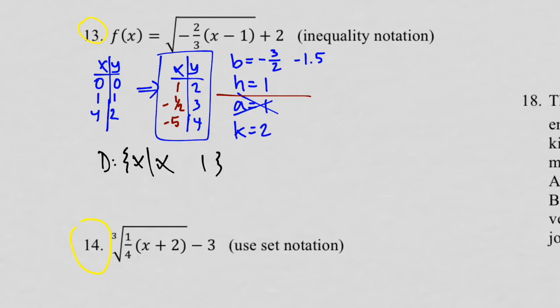When you graph these points, you will see that the graph goes in that direction, instead of pointing towards the right like the parent function, it points towards the left. So you can say that it's less than or equal to 1.